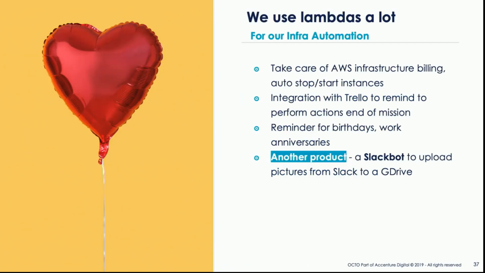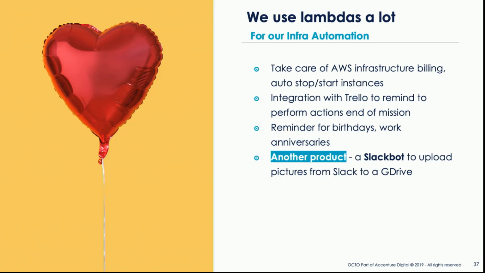But we still love serverless. In fact, we use Lambdas a lot within our organization. We have a whole infrastructure automation project which takes care of different things on AWS, like auto-stop and auto-start of EC2 instances, billing alerts on Slack, and integration with Trello to send smart notifications and reminders.